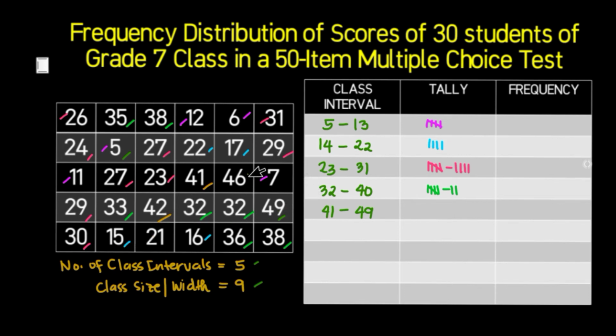And, nakalimutan ko yung 46. Ayan po. Then, sa fourth row, 49. Ayan, wala na. So, ilan lang po? 1, 2, 3, 4.